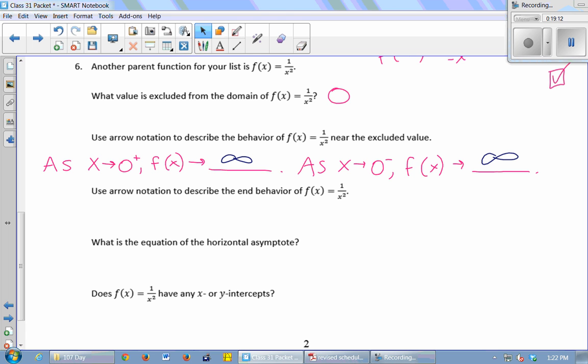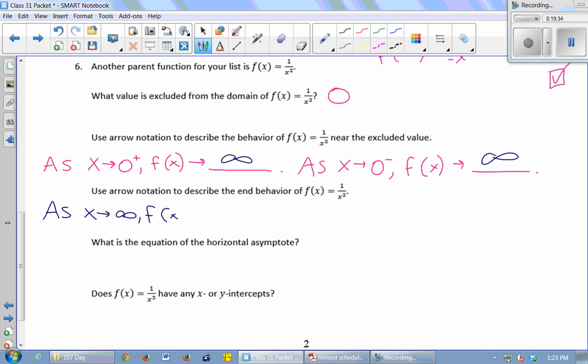All right, so we know the behavior near the excluded value, so we've got a vertical asymptote at this excluded value of 0, and my function blows up when you come from both sides. Now I want to describe the end behavior of 1 over x squared. As x approaches infinity, f of x approaches what? And as x approaches negative infinity, f of x approaches what? 0, yeah.